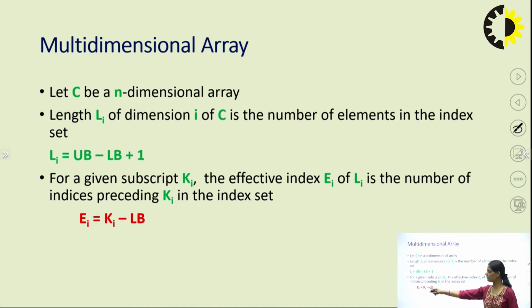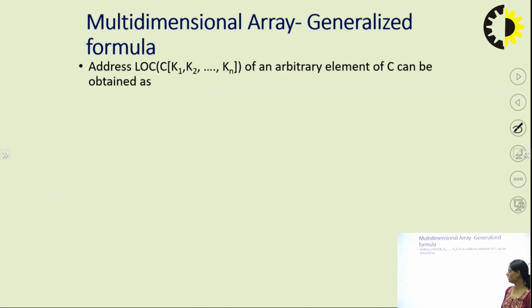So the effective index is equal to Ki minus Lb, where Ki is the subscript. For the kth index, we subtract the lower bound to obtain the effective index for that particular dimension. So let's see how we can go for this.